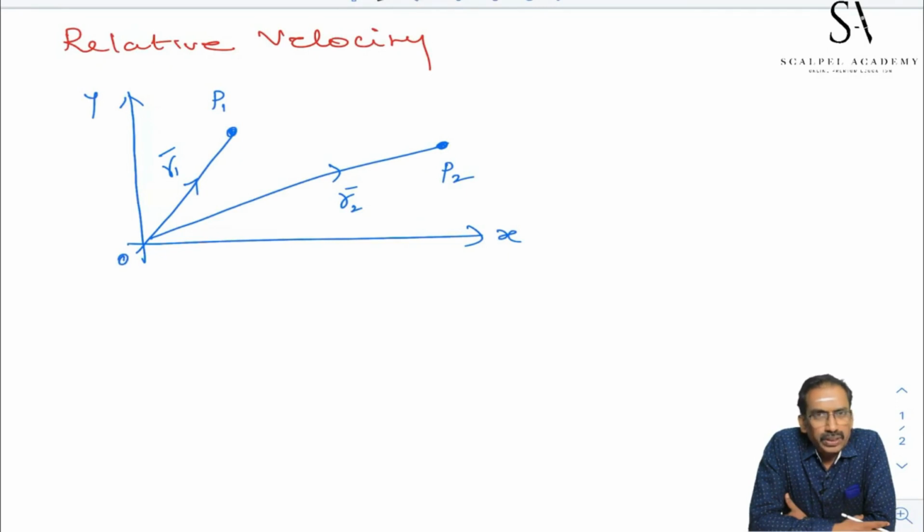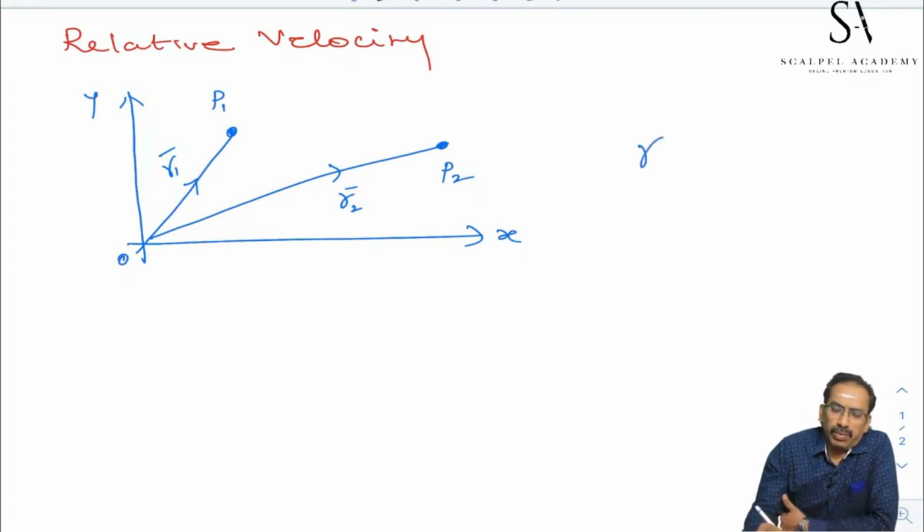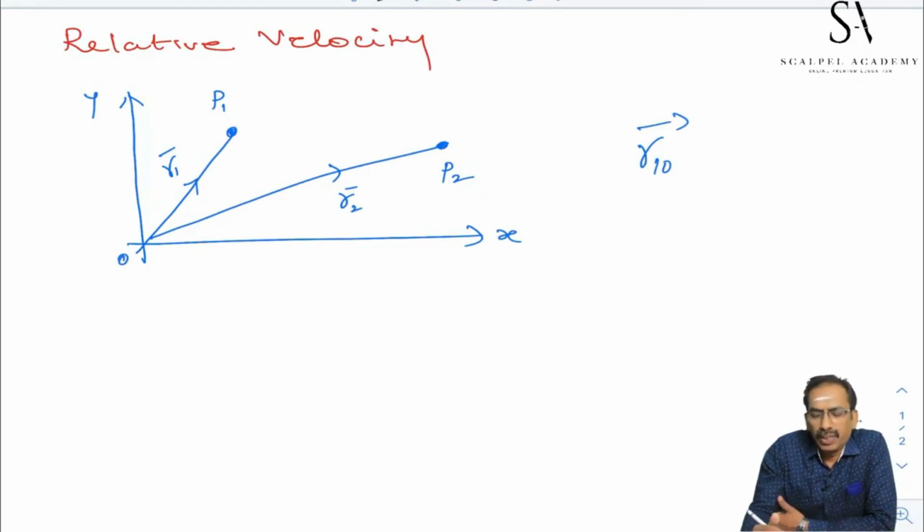R1 is the position of P1 with respect to the origin. Usually it has to be noted as R10 vector, but we won't write it like this. We will write it as R1 only.